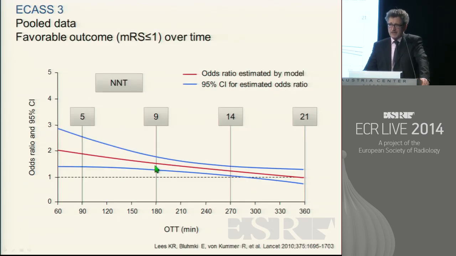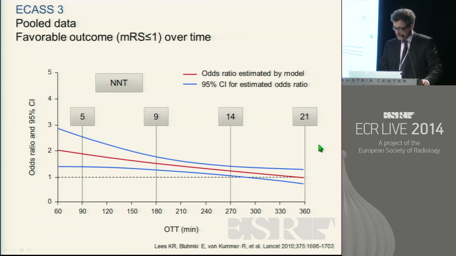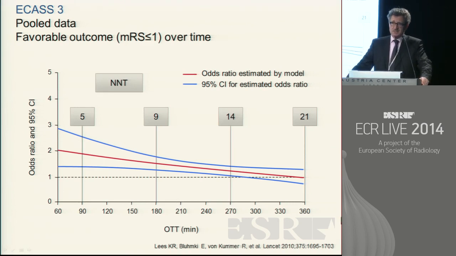But now, with the ECASS-3 trial, which is an updated trial, it is even improved. So 9 for 180, 21 within 360 minutes. And this is why we have the 6-hour rule, or the 4.5-hour rule in the treatment of stroke.